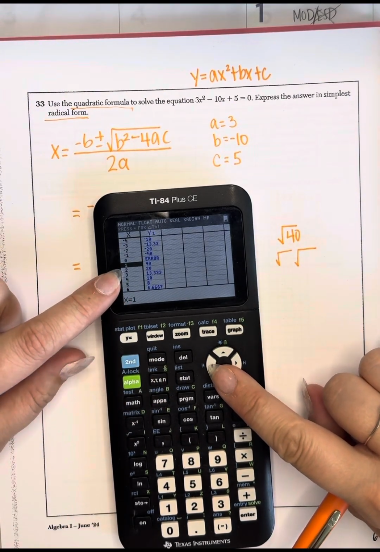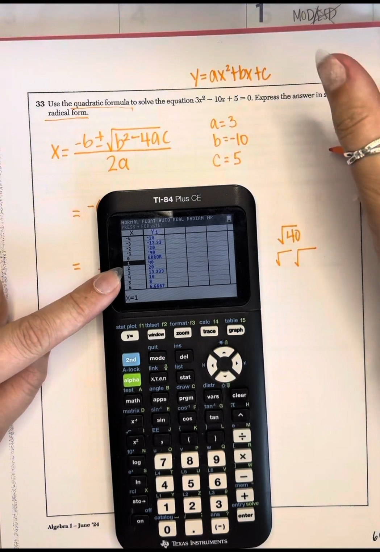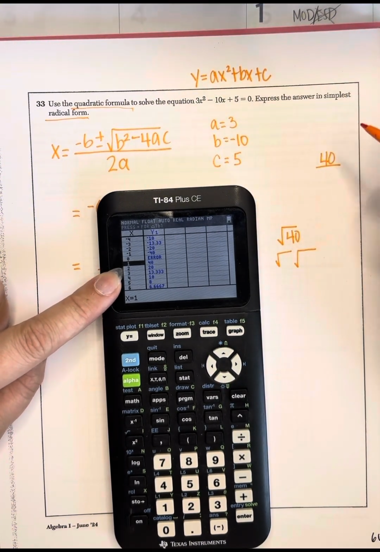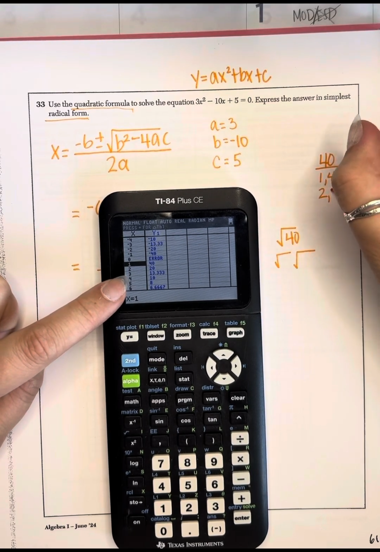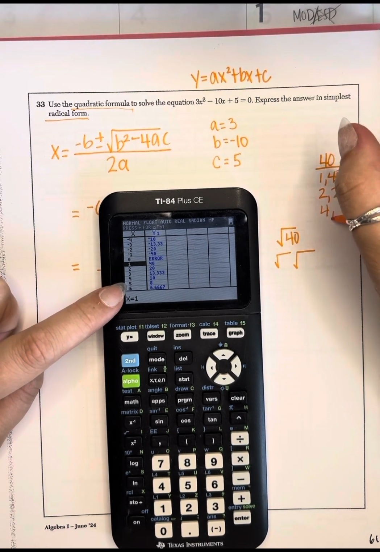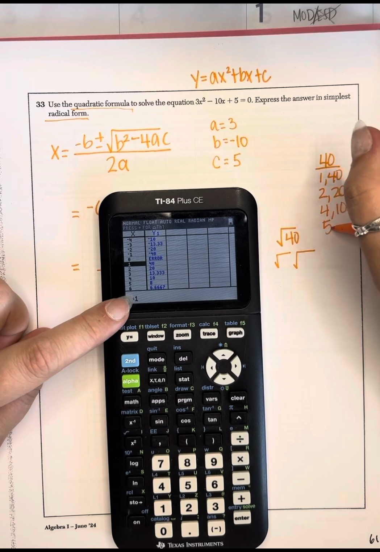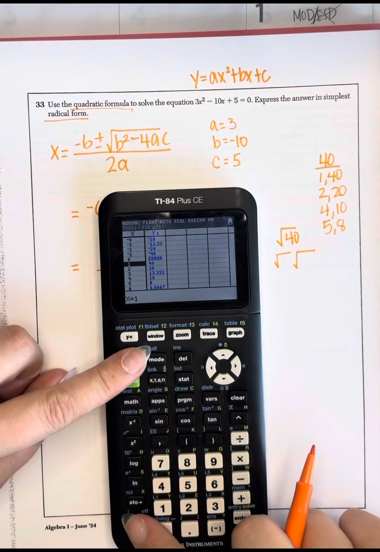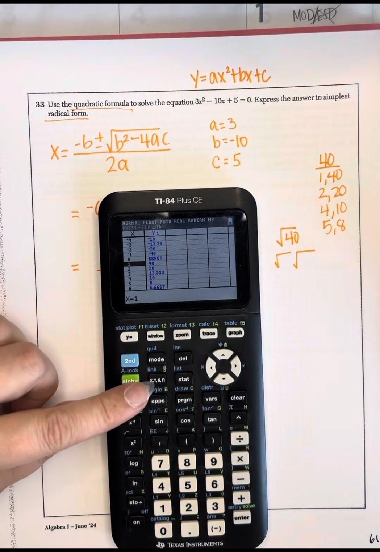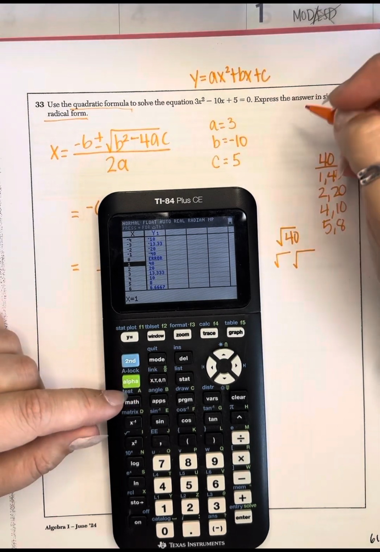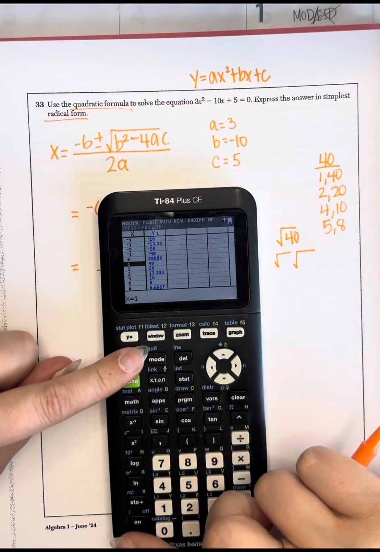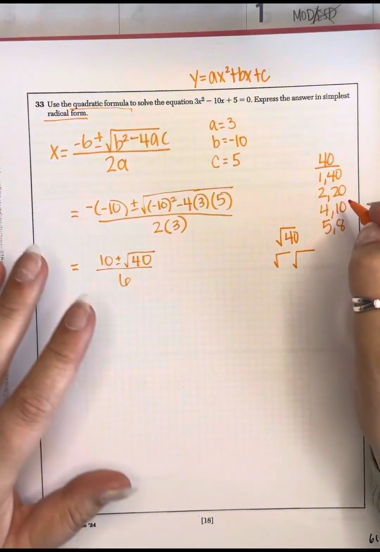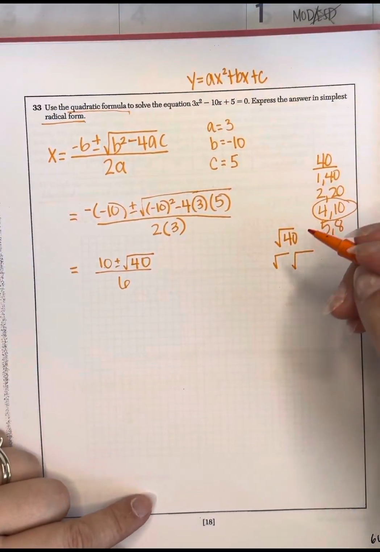This will give you a list of the numbers that multiply to 40: 1 times 40, 2 times 20, 4 times 10, and 5 times 8. I'm looking for a perfect square, so those numbers are 1, 4, 9, 16, etc. The biggest one on this list is 4, so that's what I'm going to use.